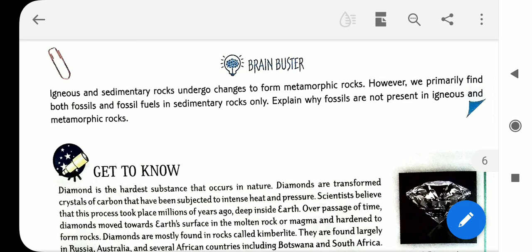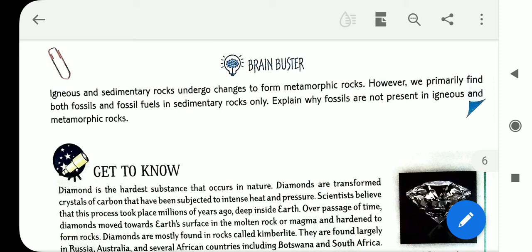These are carried away by agents like wind, water, and flood, and deposited in some areas.